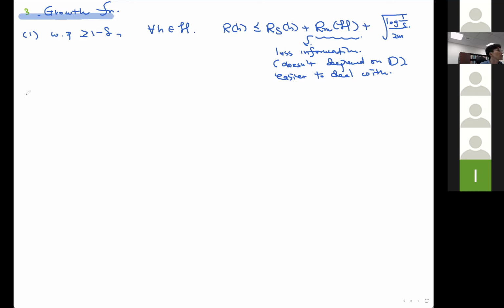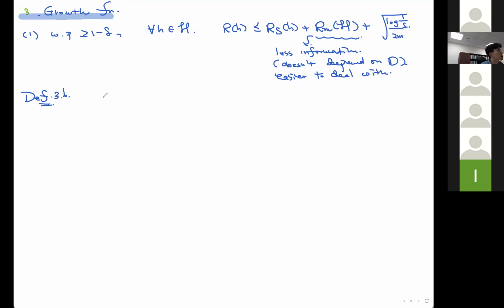So what's the definition of the growth function? Quite simple. Definition 3.6.